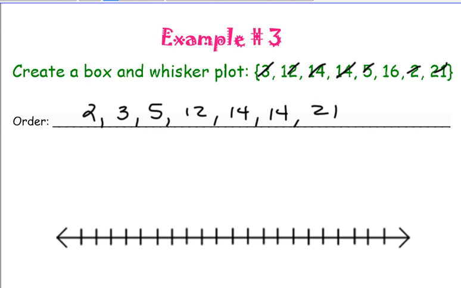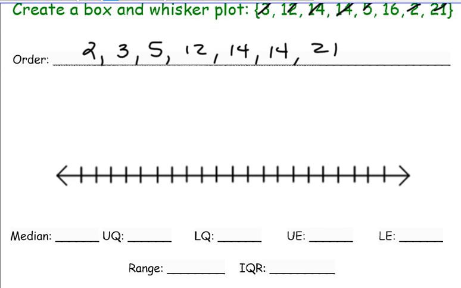Now that we have them in order, let's do our extremes. Our upper extreme is 21. Our lower extreme is 2. So now let's find our median. Our median is 12.